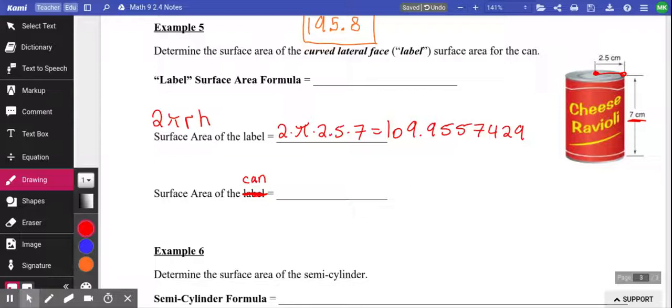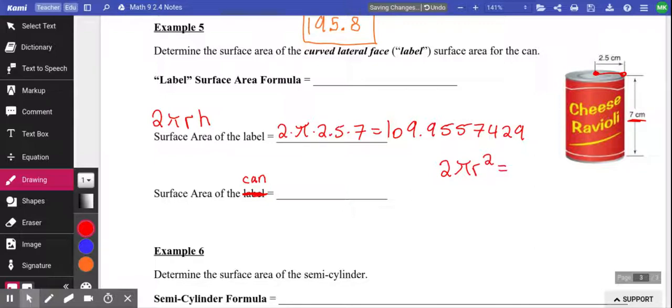The question asked at that part of the question, what's the area of the label? That's the area of the label, just the round outside. The next part was the area of the entire can. So the area of the entire can would include the 2 circles on the top and the bottom. So that means we also have to calculate the circles. We know that the area of the circles is 2 pi r squared.